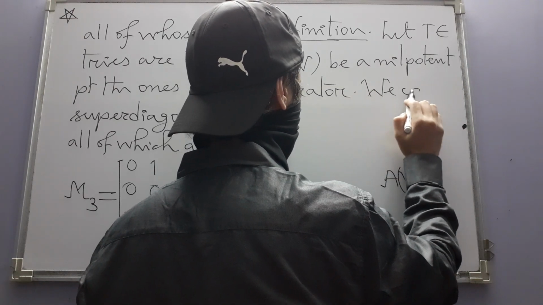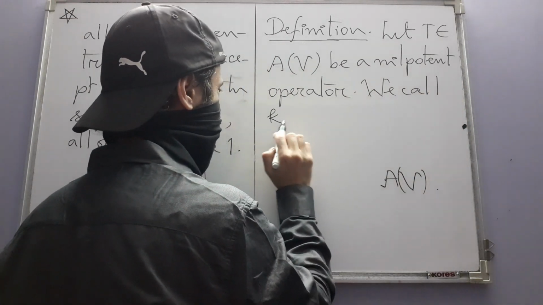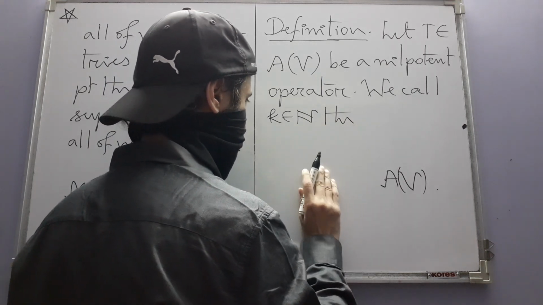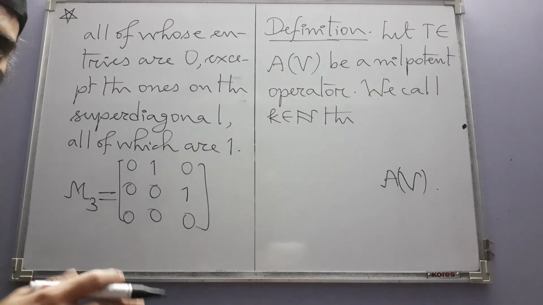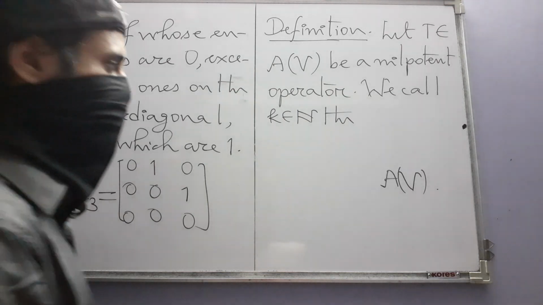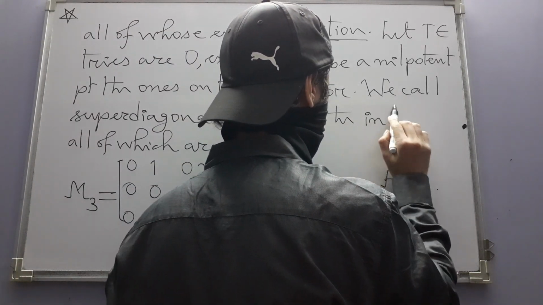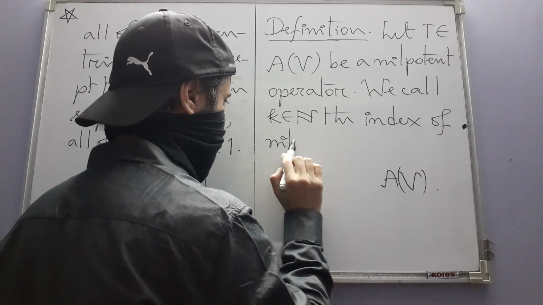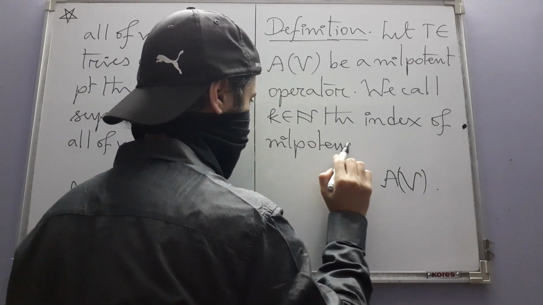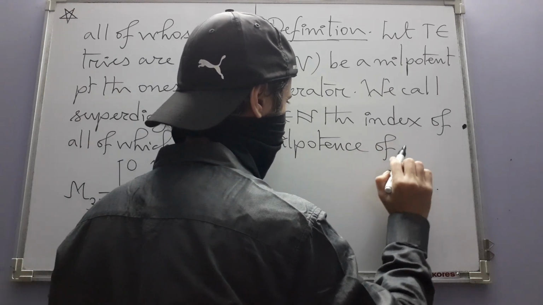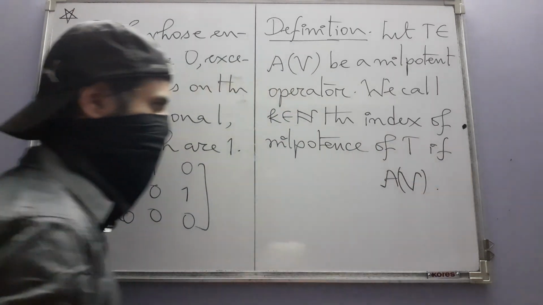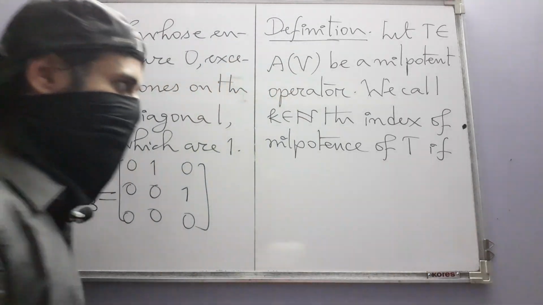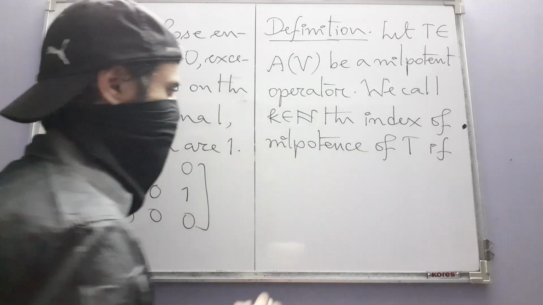We call a positive integer k the degree of nilpotence, in this text it's called index of nilpotence, same thing, of T if the kth power of T is 0, but no smaller power is 0.